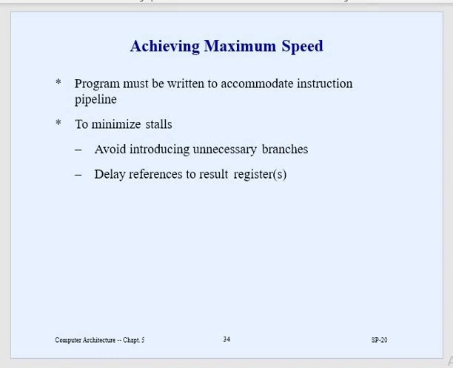And to minimize stalls, avoid introducing unnecessary branches. If your program is straightforward and there is no significant impact of a branch, then don't make unnecessary branches in the programming, because whenever it jumps to a branch, a stall comes.